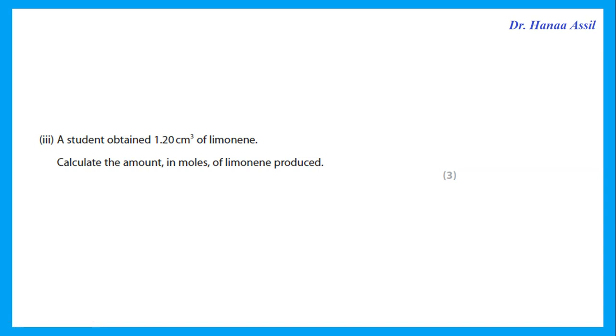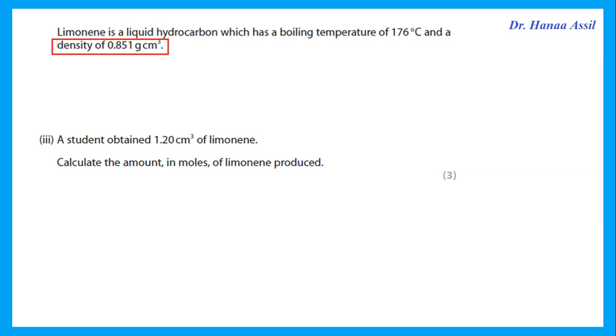A student obtained 1.20 centimeter cubed of limonene. Calculate the amount in moles of limonene. How do we get number of moles if I just have the volume? Well, this is a liquid. He gives me the density, and from the density, I can get the mass. And this is my compound, so I can get the MR of this compound.